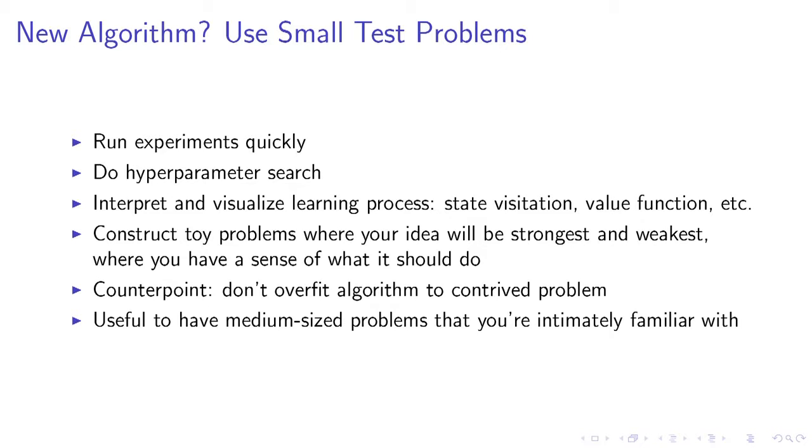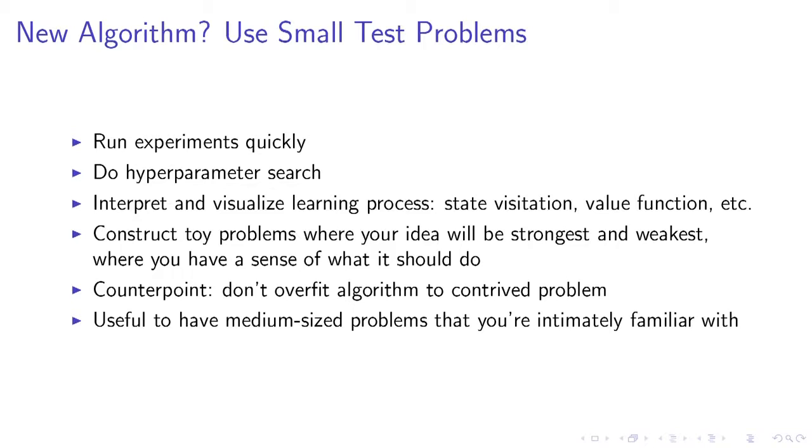And also, as a counterpoint to that, don't overfit your method to some contrived problem. So let's say you've come up with some toy problem where your method is really good. Then don't forget that it's a toy problem, and don't tweak everything to just work on this toy problem perfectly, because it's also pretty useful to have medium-sized problems that you're very familiar with, and you know exactly how fast the learning should be, and what the reward should be at every iteration, and so on.